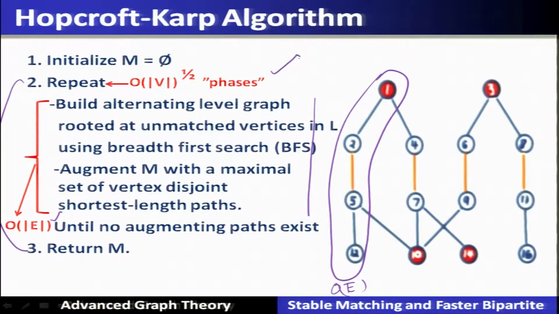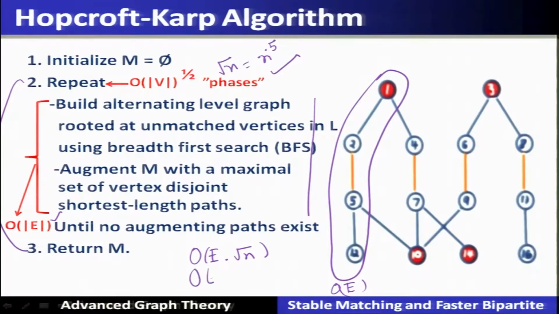It is proved by Hopcroft that the total number of phases required to complete this particular matching will require only of the order n raised to the power, or under root n, that is nothing but n raised to the power 0.5. Hence, this particular approach will take n^2.5. Why? Because E times root n.